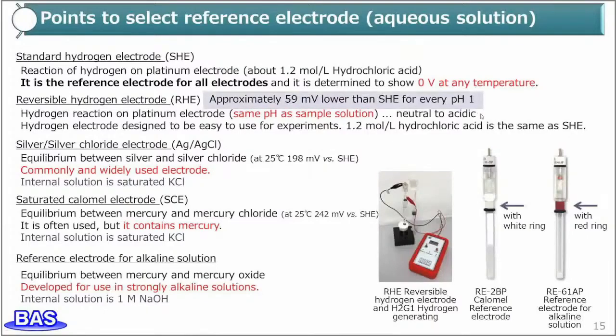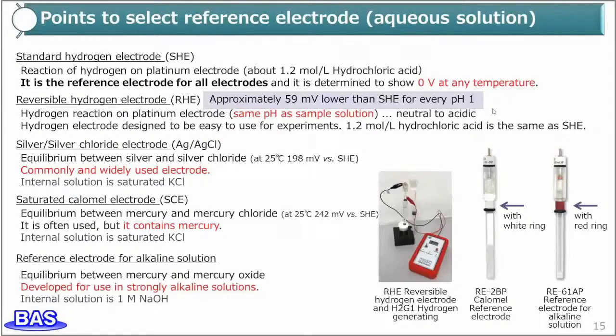However, it is important to note that the potential of this electrode decreases about 59 millivolts with respect to standard hydrogen electrode for every 1 increase in pH.